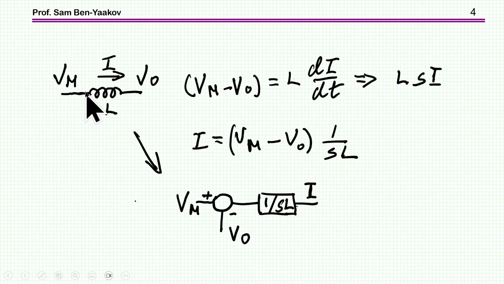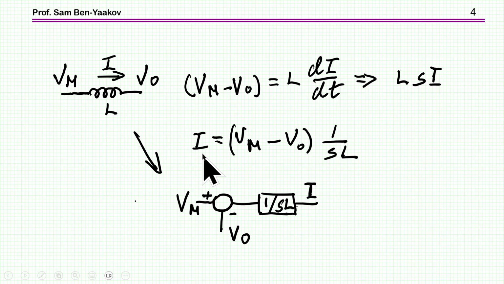If we look at an inductor, here is the state equation of the inductor. The voltage difference between the midpoint and the output is equal to L di/dt. Now for a small signal and sinusoidal waveform, we can say that this derivative is s times I, where s is the Laplace variable.